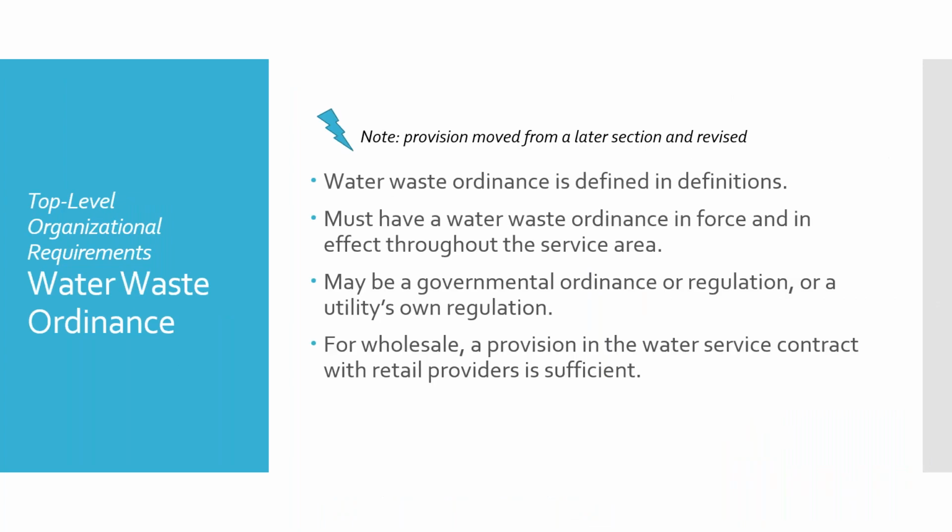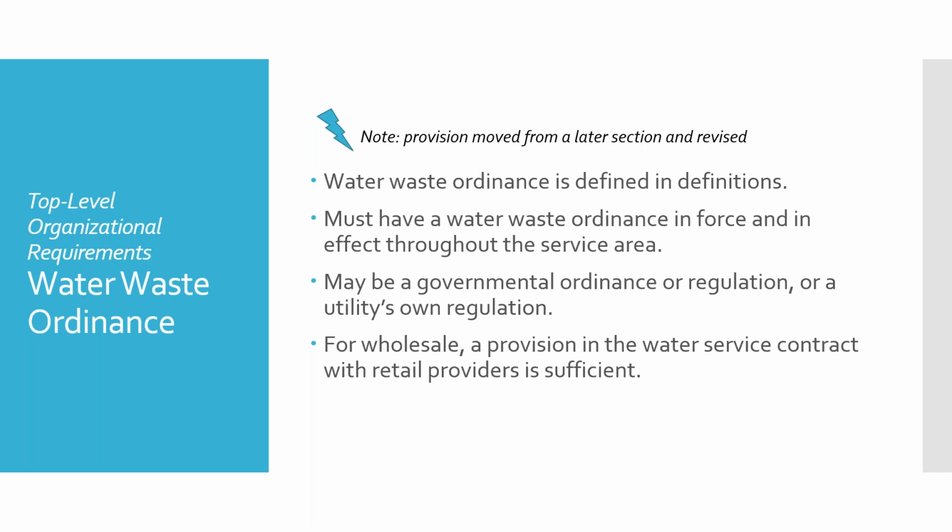Next slide. So speaking of water waste, the next thing we're going to talk about is the water waste ordinance, which is a requirement that the utility have some type of water waste ordinance in place. The standard did add a definition for a water waste ordinance, which is considered to be a local statute or regulation that explicitly prohibits various wasteful uses of water, such as irrigation water runoff from property, unrepaired leaks, and inefficient practices such as irrigation that occurs on a prohibited day or time, or washing of paved surfaces.